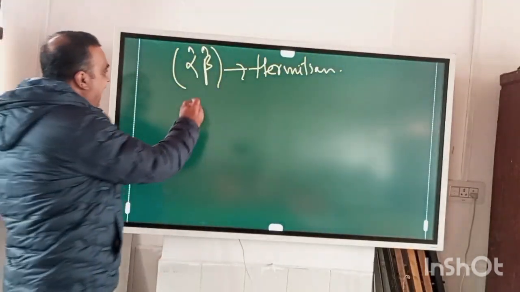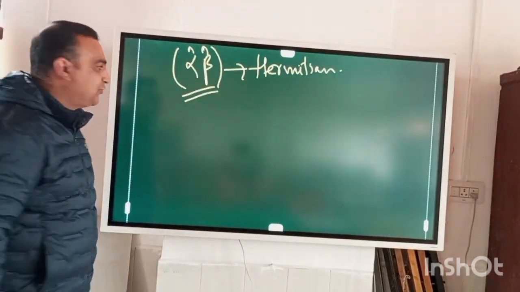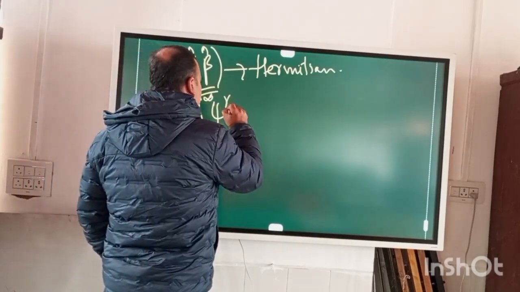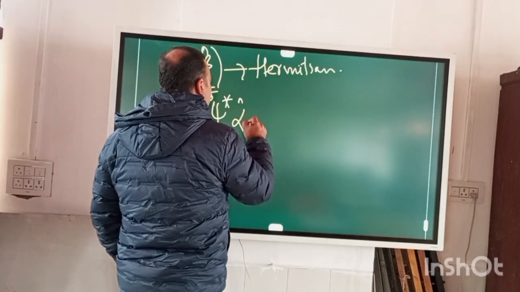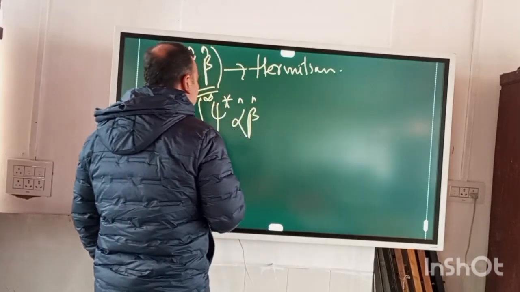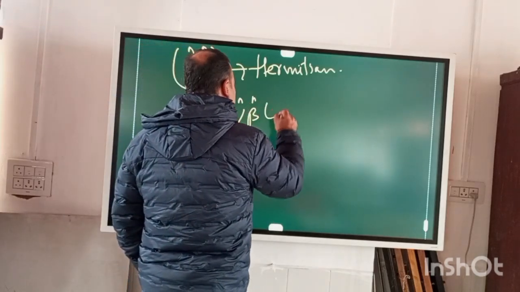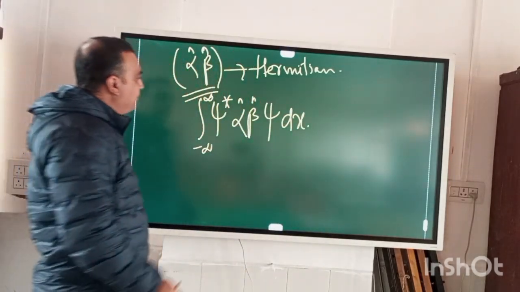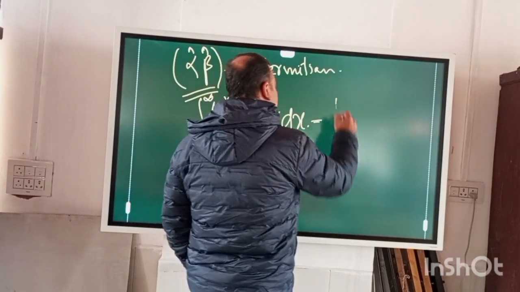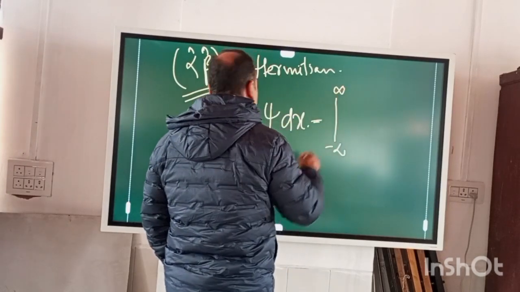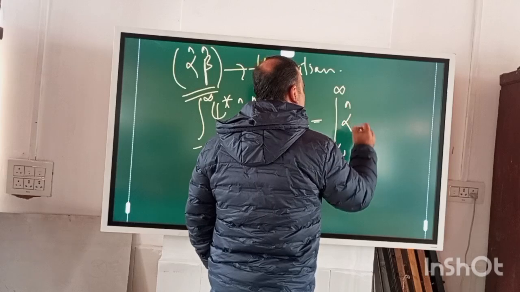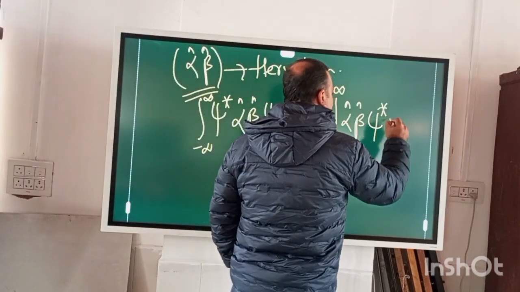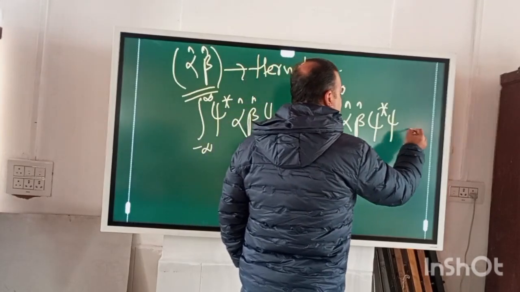So if this has to be Hermitian, it should satisfy what? It should satisfy that the integral from minus infinity to infinity of psi star, alpha cap beta cap, and let me use the same psi, dx, if we take it in one dimension, is equal to the integral from minus infinity to infinity of alpha cap beta cap psi star, psi dx.